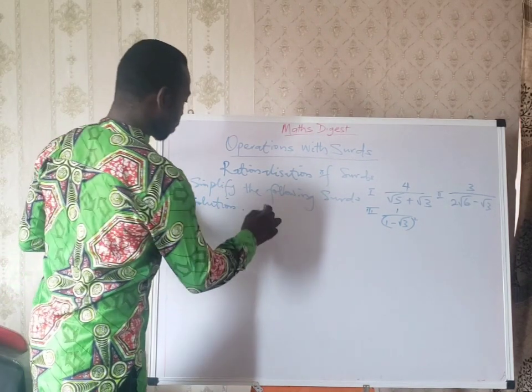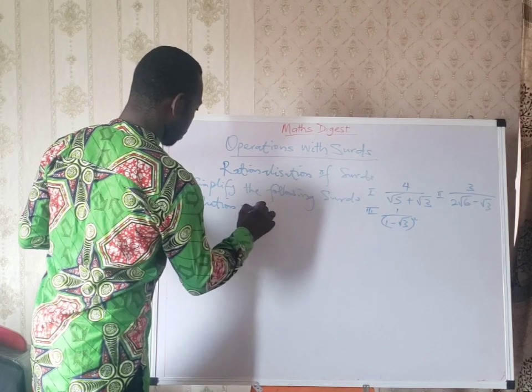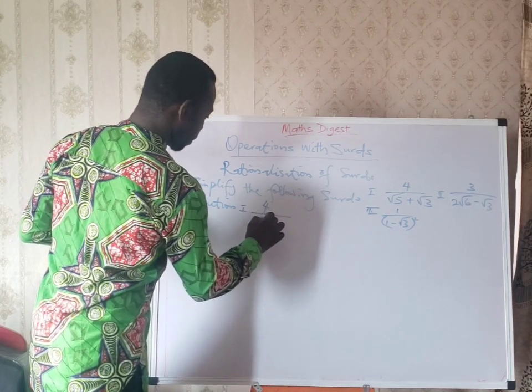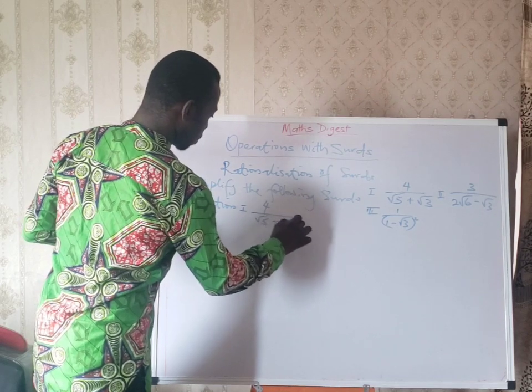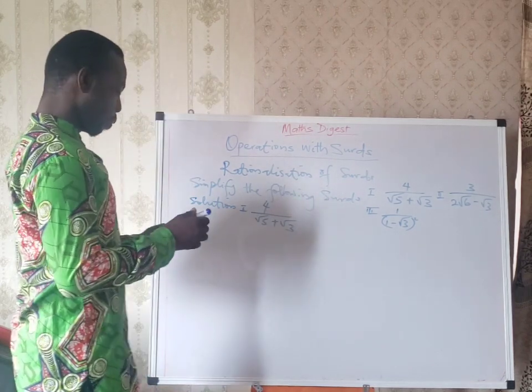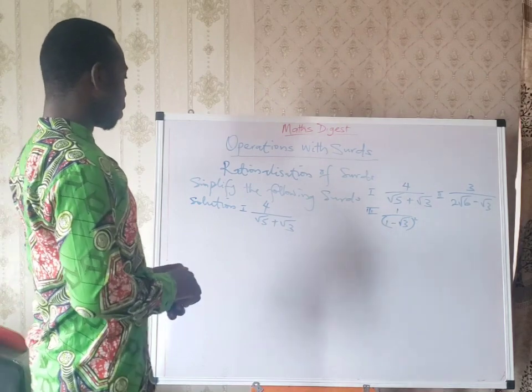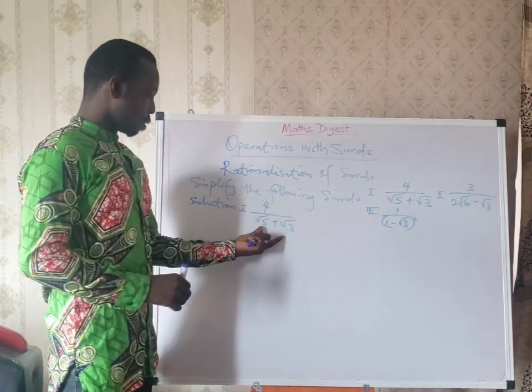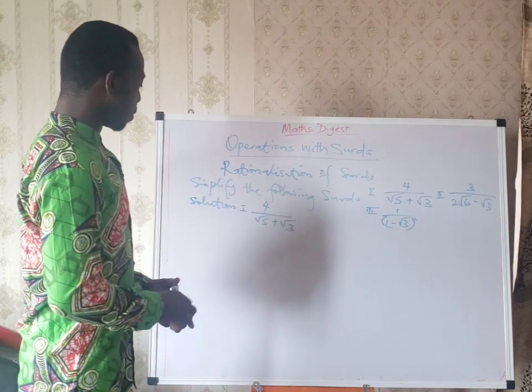Let's take the first one, 4 over root 5 plus root 3. Simply, we employ the conjugation of this denominator.